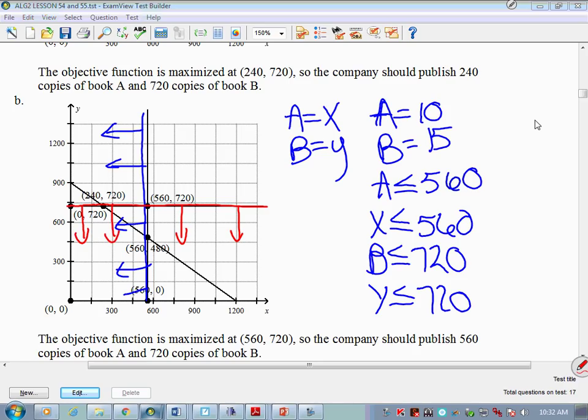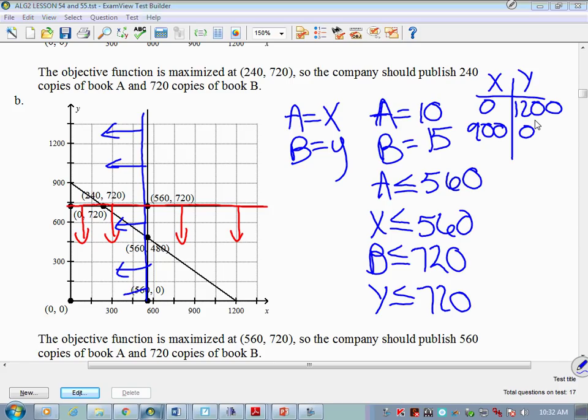Okay, and if you'll notice, remember my coordinates from earlier? My x, y coordinates were what? 900, 1,200, and 900, 0. So x at 0 goes up to 1,200, right?